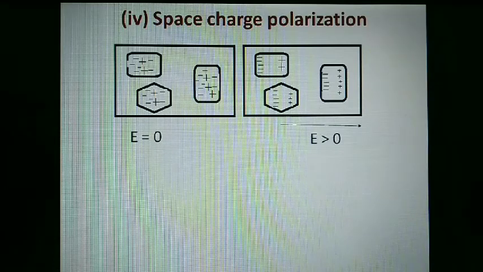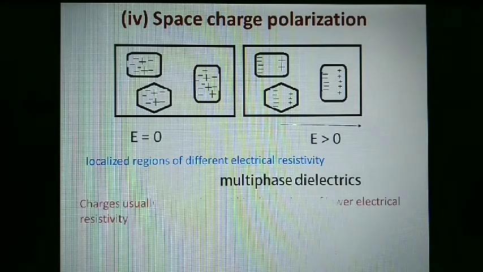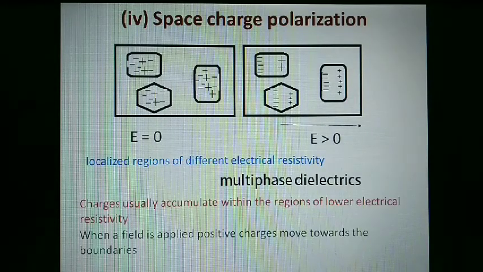Therefore, usually for practically usable dielectric materials, the total polarizability is due to the electronic, ionic and orientational polarizabilities, because the space charge polarization is ineffective in the practically used dielectric materials.